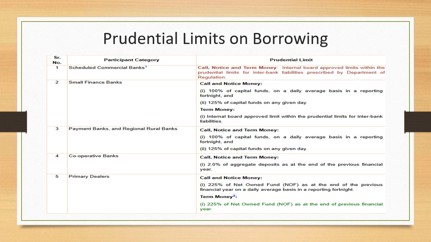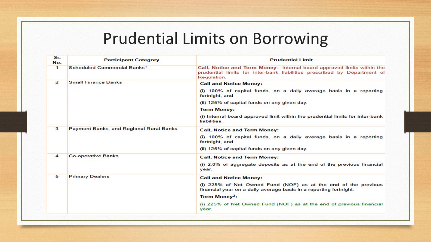If you are a small finance bank, then what is the transaction that you can do, which is also mentioned here, right? For payment banks, again it is said that 100% of capital fund on a daily average basis in a reporting fortnight. Cooperative banks will do similarly as a part of a percentage of aggregate deposits, okay, and same logic, which means a threshold is also applicable for primary dealers.